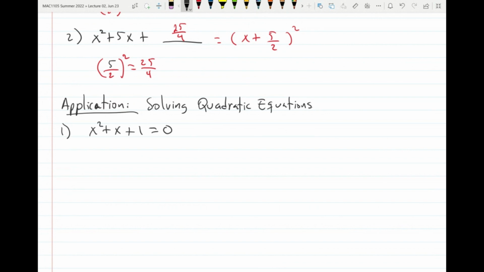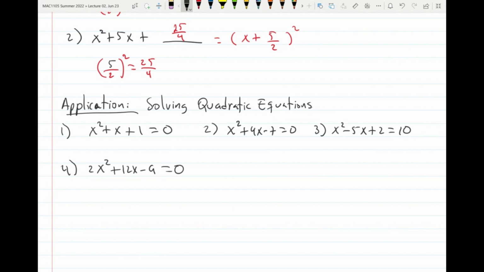That was something that we cannot do by either factoring or square root. Let's try that one. Then let's do x squared plus 4x minus 7 equals 0. Let's do x squared minus 5x plus 2 equals 10. And then let's do 2x squared plus 12x minus 9 equals 0.